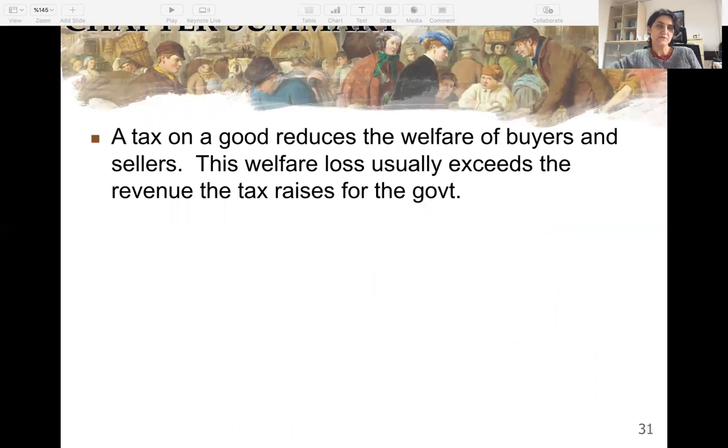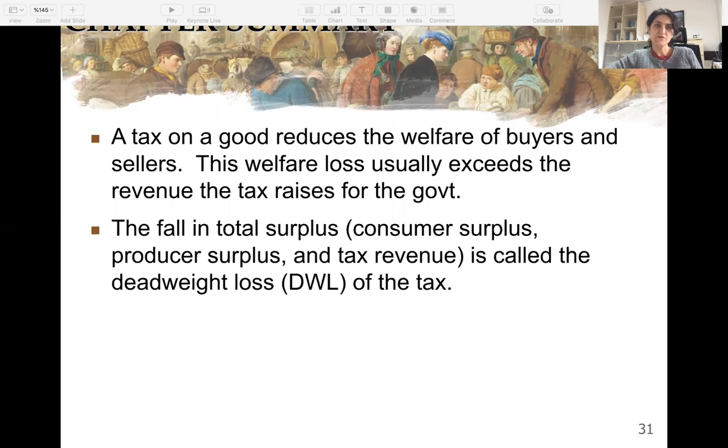So what we covered in this chapter: a tax on a good reduces the welfare of buyers and sellers. This welfare loss usually exceeds the revenue the tax raises for the government. The fall in total surplus, consumer surplus, producer surplus, and tax revenue is called the dead weight loss of the tax.